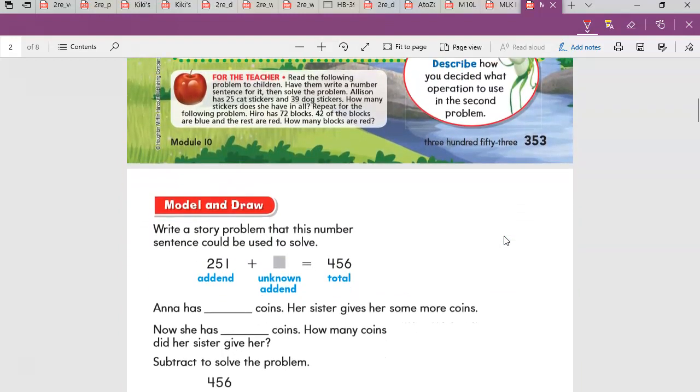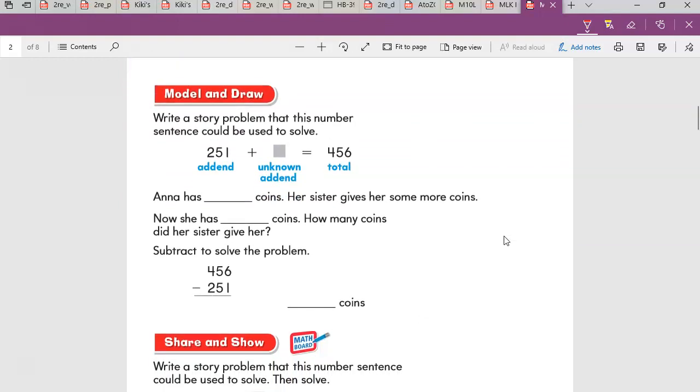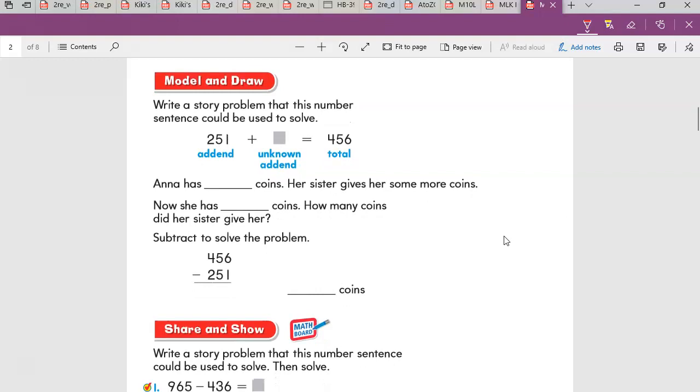Okay, let's move on. Write a story problem that this number sentence could be used to solve. So we had 251 plus the unknown add-in equals 456. So Anna has blank coins. How many coins does she have in all? What is the total? It tells you here. 456 is the total.